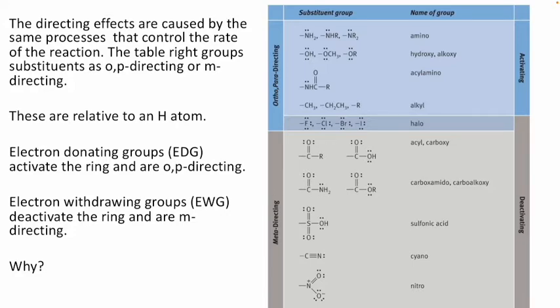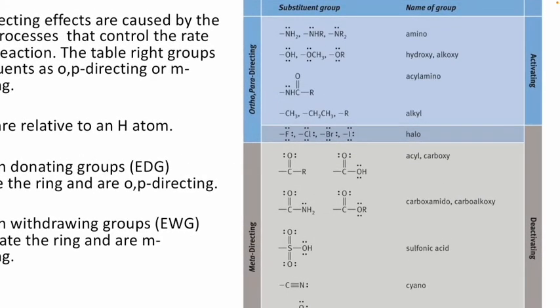Okay? So if anything has a lone pair on it, it's going to be an ortho-para-director. So for example, if there's a nitrogen directly bound to the ring, or an OH group, any sort of an oxygen directly bound to the ring, or a halogen directly bound to the ring, any of those substituents that have a lone pair on them will be ortho-para-directing.